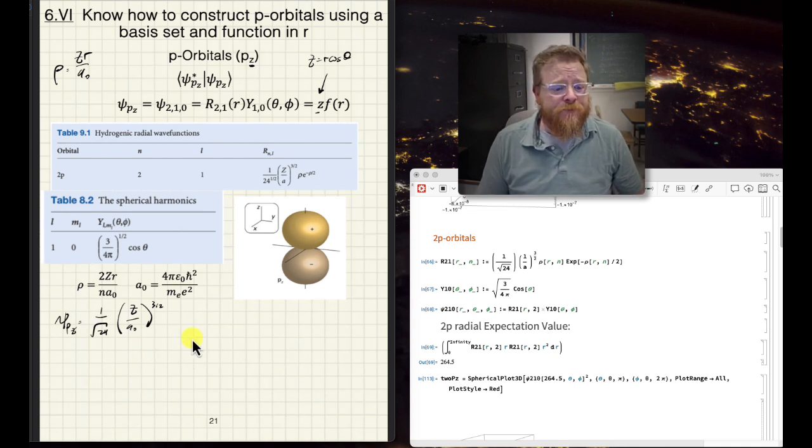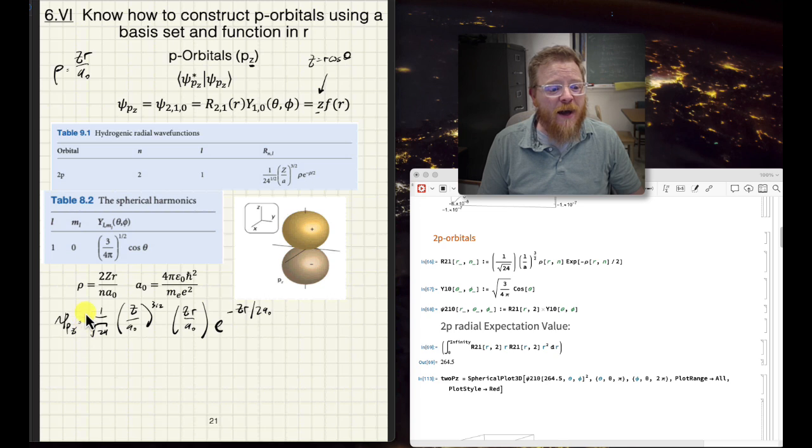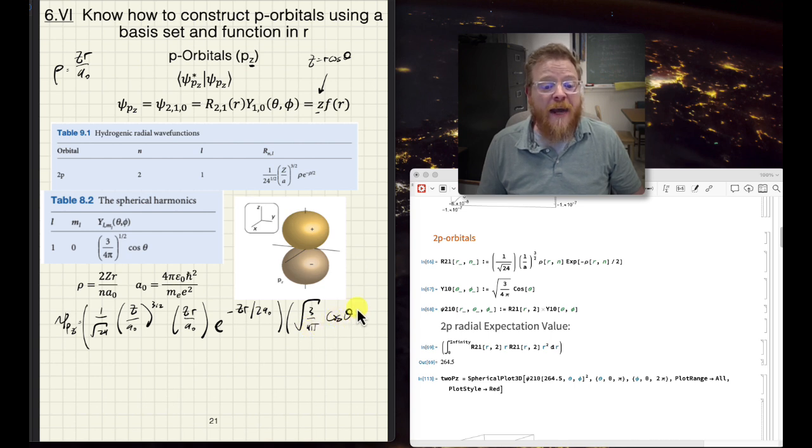So let's write that down, Zr over a. And now that's going to be e raised to the negative Zr over 2a power. And then we've got to multiply that by the angular component, which is root 3 over 4 pi times cosine of theta.